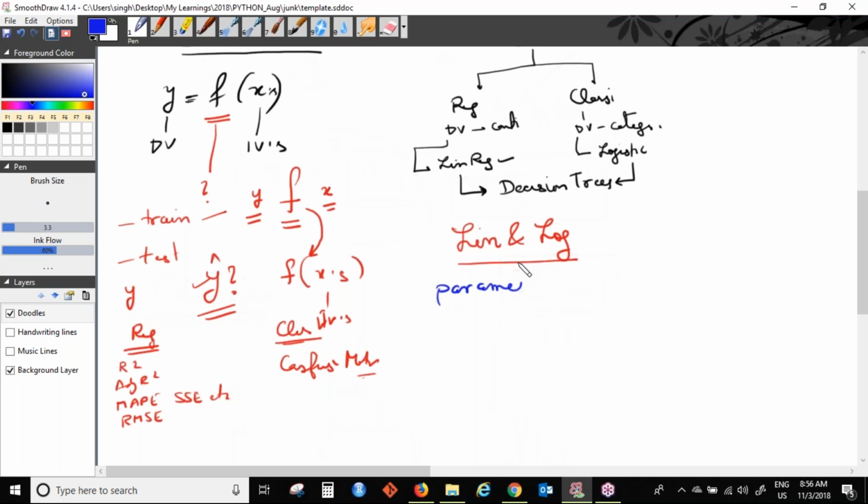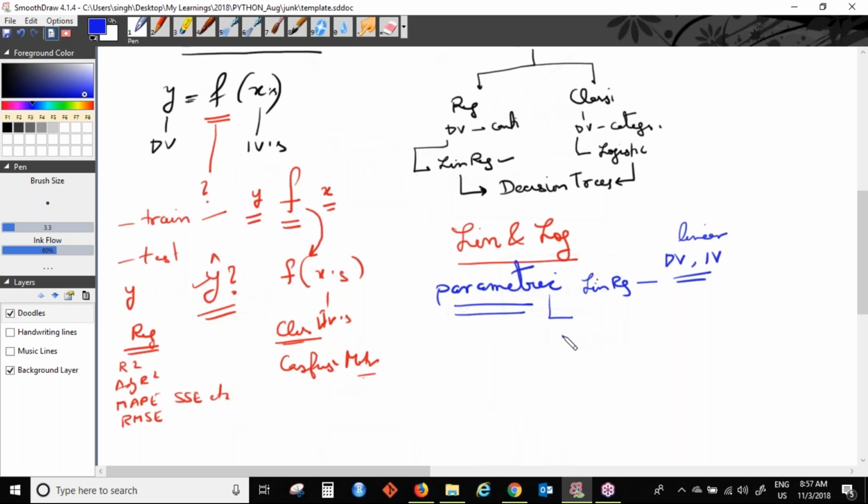So for example, if you remember in linear regression, I told you there are some assumptions in linear regression, right? One of the assumptions was that the dependent variable should have a linear relationship with the independent variable. So that means the linear regression algorithm has an underlying assumption on the data that only if the dependent and independent variable are linear in nature, we can use linear regression.